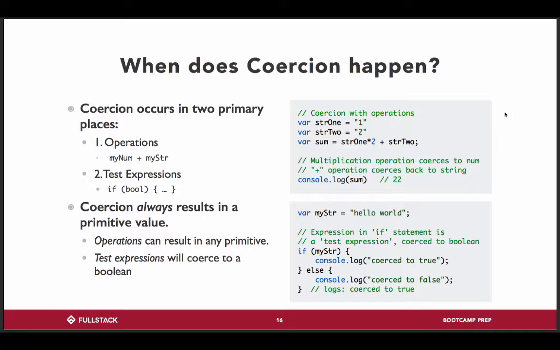In the case of the number 5, it'll coerce it into a true statement, which we'll go over a little bit soon. So it'll coerce it into a true or false every time you put it in an if statement. And you'll learn the rules of what it gets coerced into. But those are times when coercion happens where it might not be the same type that it was originally.